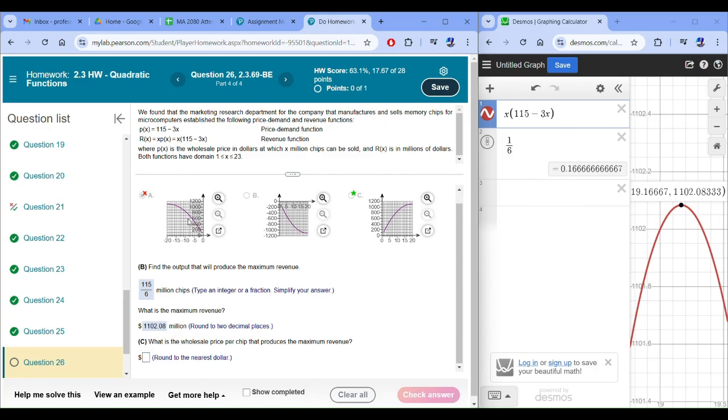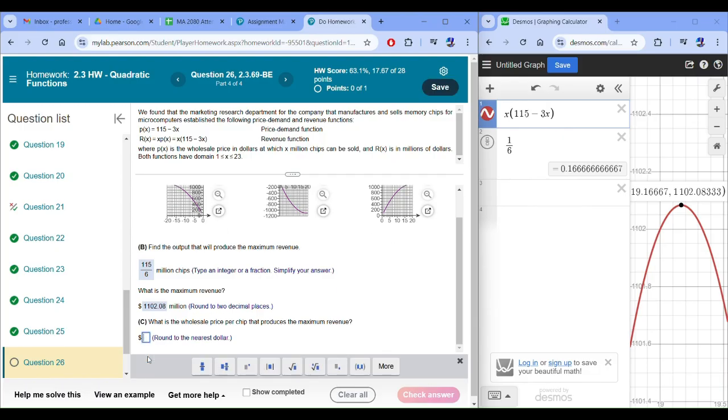All right, what is the wholesale price per chip that produces the maximum revenue? So then what would the price be? It would be that number plugged into there. I've made that many chips, so I take that divided by that, correct?